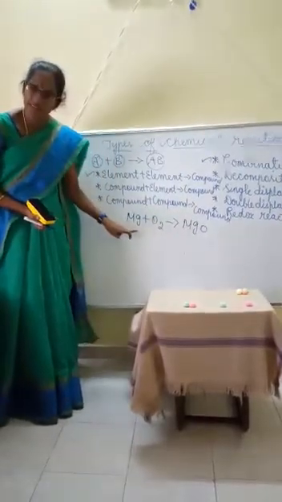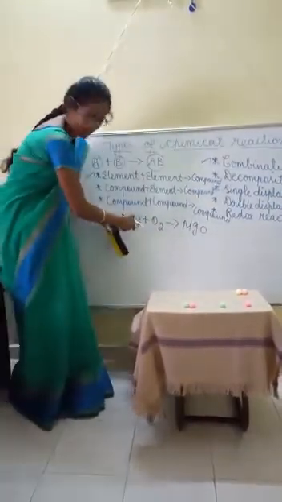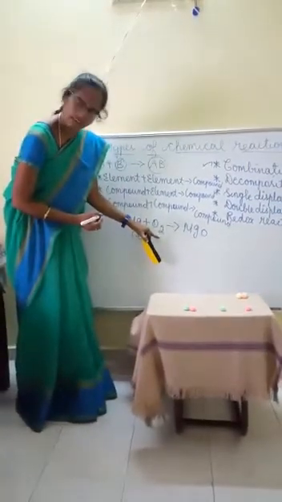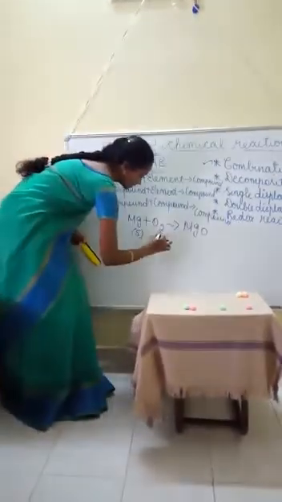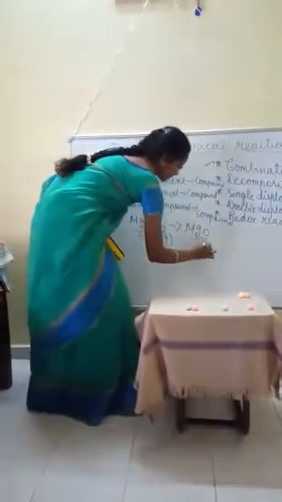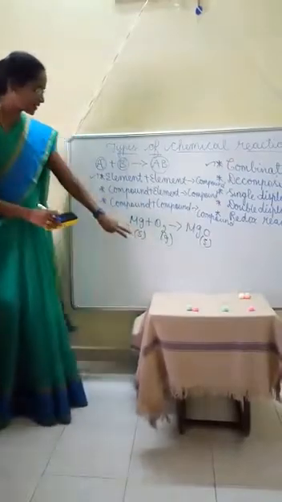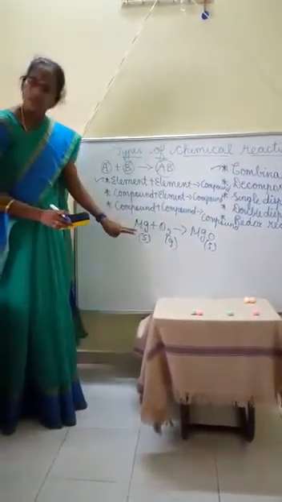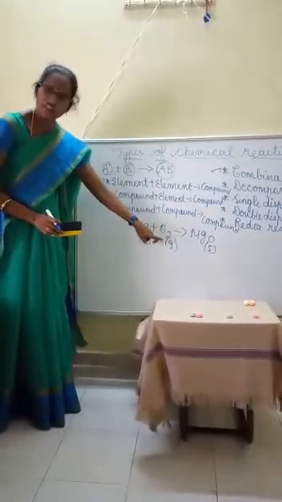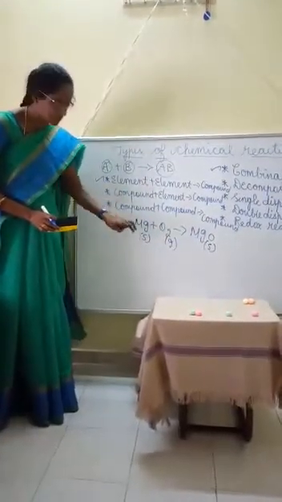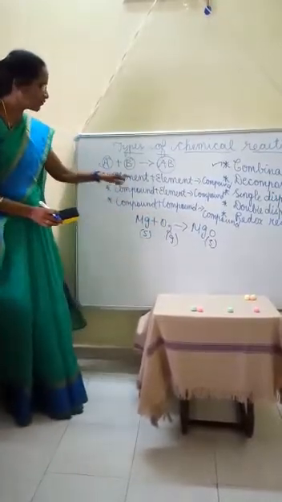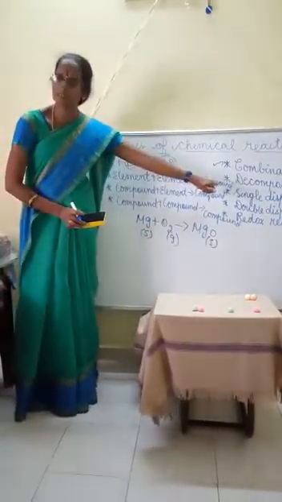Magnesium is a metal, a solid, and oxygen is a non-metal, a gas. Magnesium oxide is a solid. So here the reaction takes place between metal as well as non-metal. Magnesium is a metal and oxygen is a non-metal. So this is the example for element plus element gives compound.